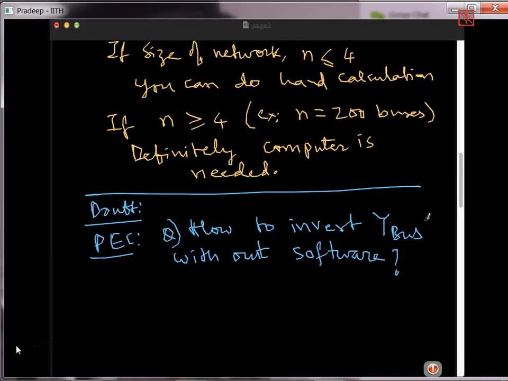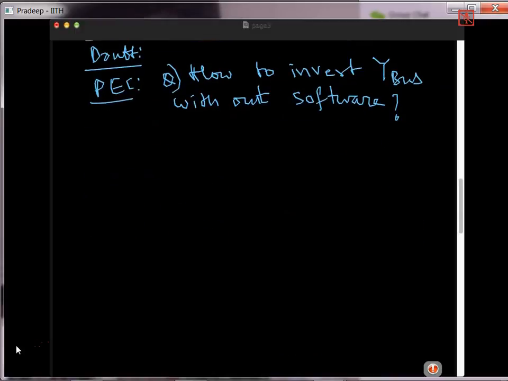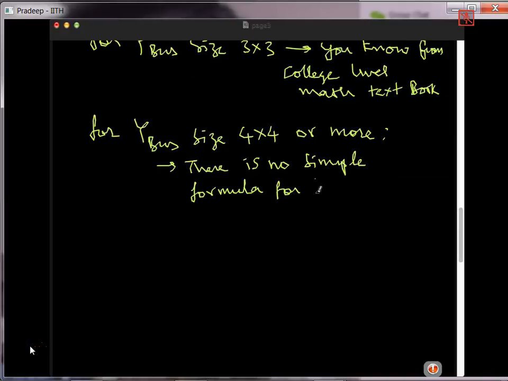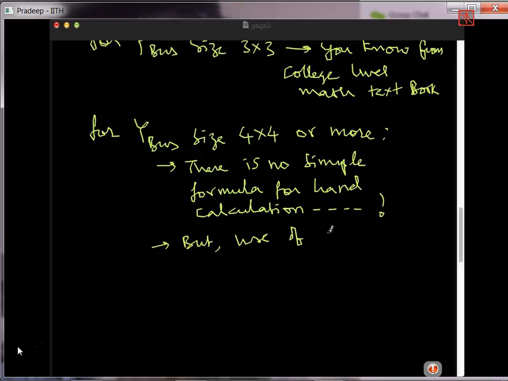For hand calculation, you can still do it, but the use of computers is recommended. Use of a computer is a must actually.